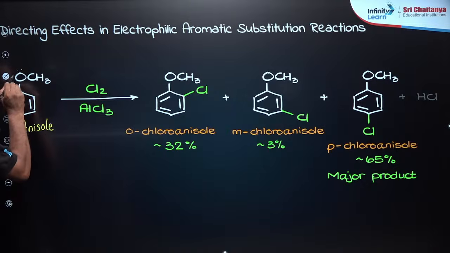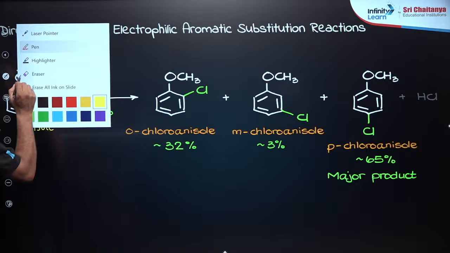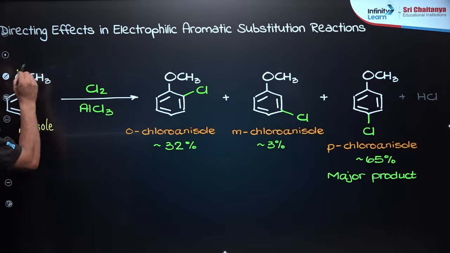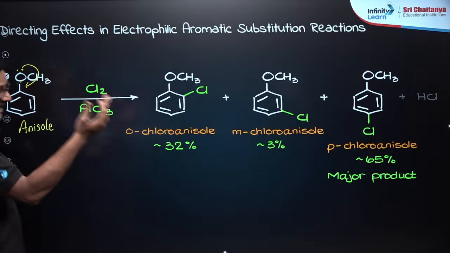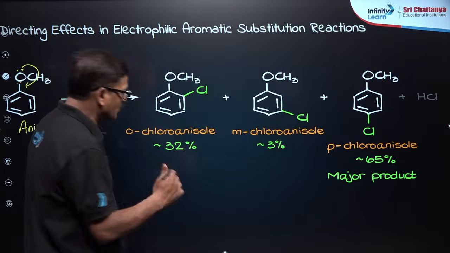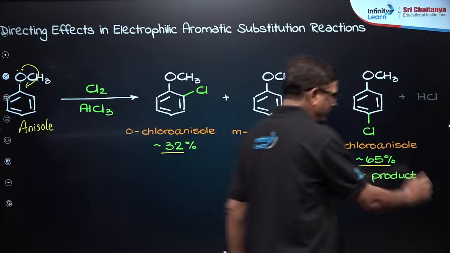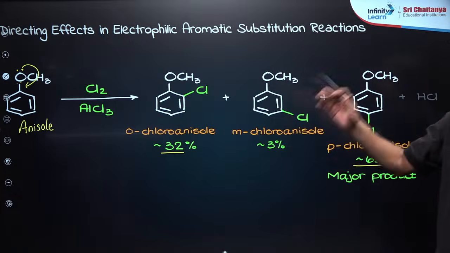Methoxybenzene. So this is your methoxybenzene, lone pair of electrons present on this oxygen is going to donate the electron. So that the ring is getting activated, so that you are going to get ortho, and the para is going to be the major product.